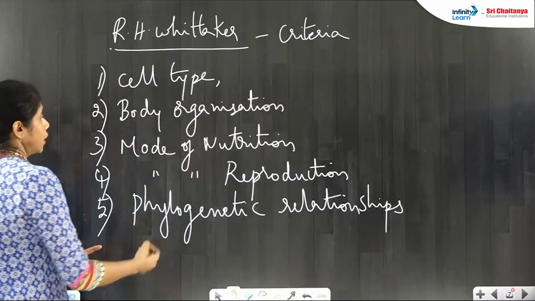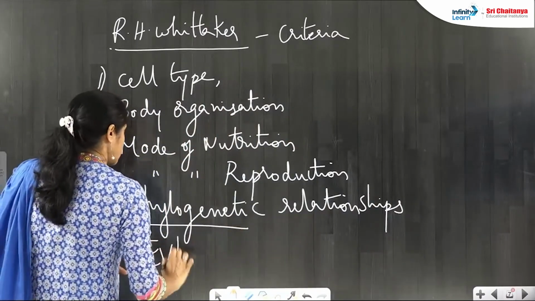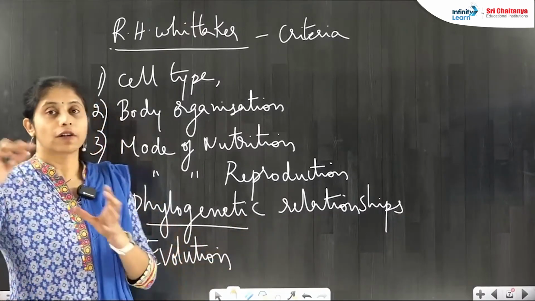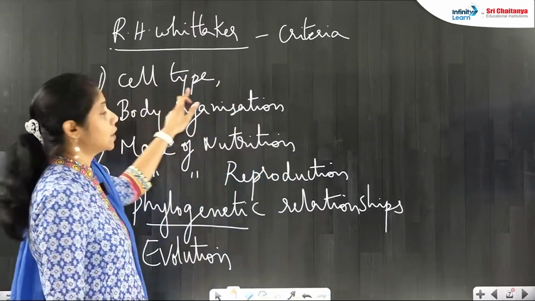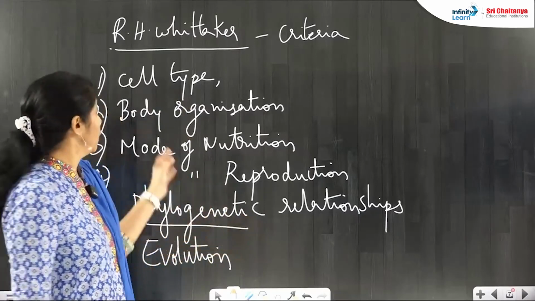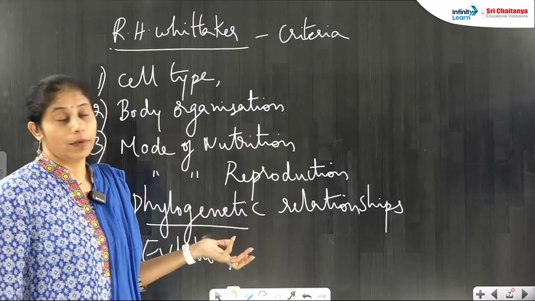Here you got a new term: phylogenetic means evolution. Based on evolution he arranged, that means which are the first ones, which are the second ones, third ones, like that. First he considered cell type, whether it is a prokaryotic cell or eukaryotic cell. Then body organization, whether it is unicellular or multicellular.